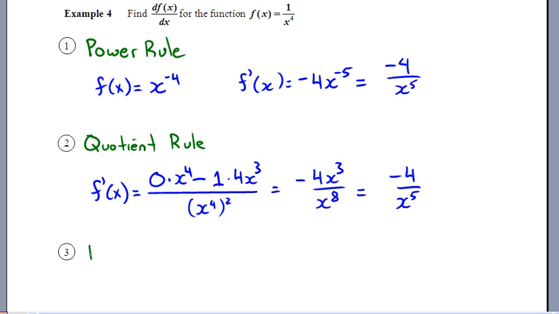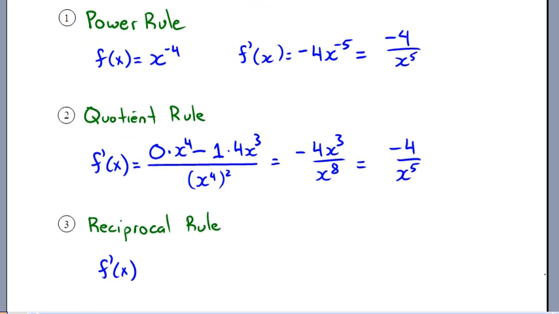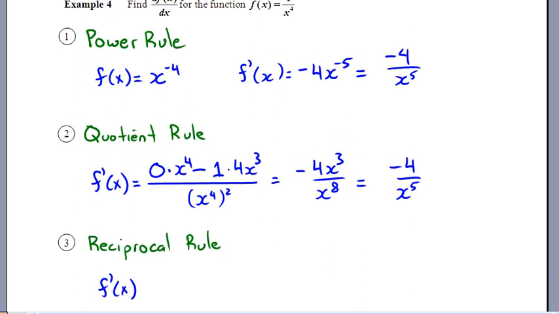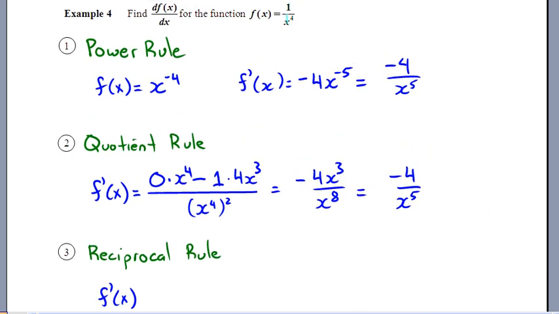Or here it comes. You're a rule follower, and you're like, hey, I learned this rule called the reciprocal rule. Okay, great. Let's use the reciprocal rule. And you'd say, all right, here's my answer. If you see some algebra down in the bottom, and I do, right? I see this x to the 4th down in the bottom right here. Let's follow the plan.